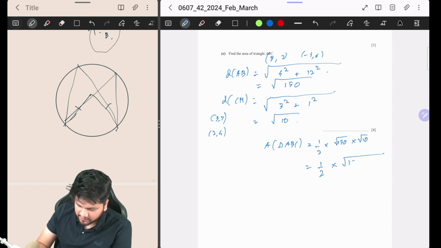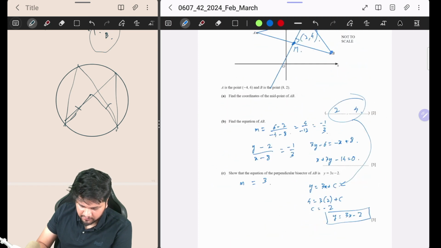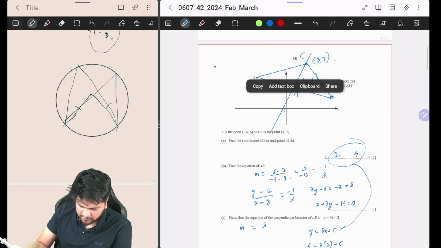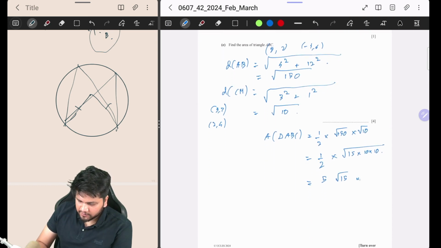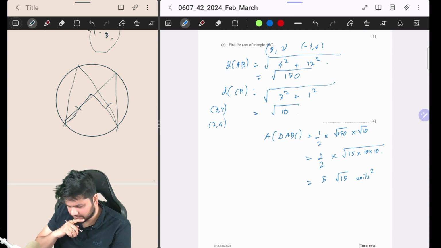So obviously you can take this as 15 into 10 into 10. If there are 2 tens, obviously 1 ten will be outside. So 10 by 2 is nothing but 5 root 15 centimeter. Is it given? No. Okay. Maybe you can use unit square. Generally we get a simplified form.